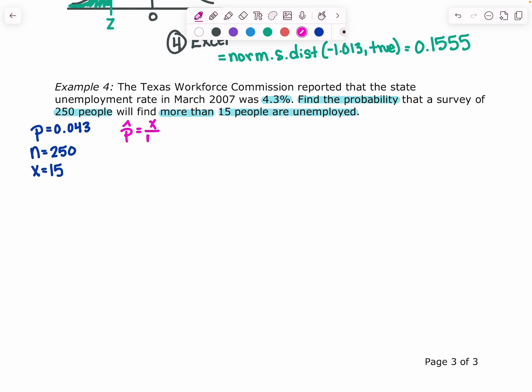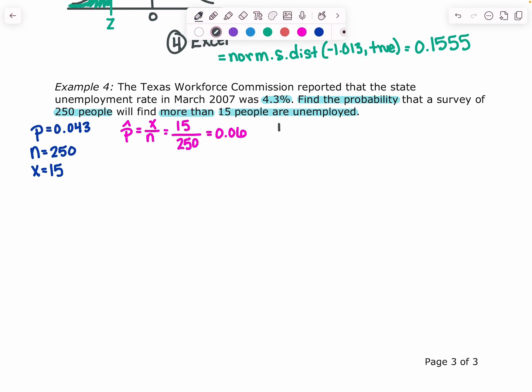So p hat is x over n. X is the number of unemployed persons over my sample size. So 15 divided by 250 is 0.06. So 6% is our p hat. So what's the probability that we find more than 6% of people are unemployed?